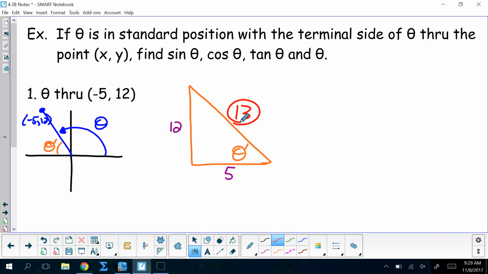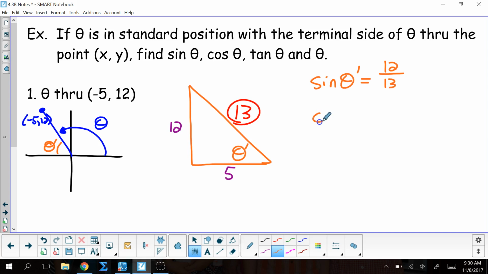Okay? So, based off of my reference angle, theta prime, what is the sine, the cosine, the tangent of my reference angle? Sine of my reference angle is, looking at this triangle, opposite over hypotenuse, 12/13. Right?